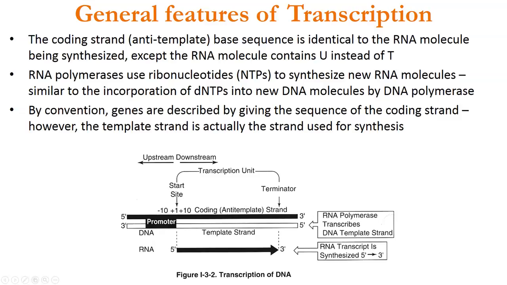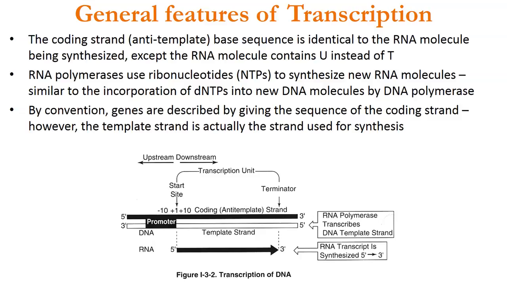RNA polymerases use ribonucleotides. DNA polymerases use deoxyribonucleotides. Okay, but it's a similar process. And by convention, genes are described by giving the sequence of the coding strand. So if you go out and read a paper, you're interested in some particular gene, or somebody did a sequencing project, and they're showing you a sequence of the gene, usually rather than show you the RNA, which is what's actually translated, they'll give you a DNA sequence.